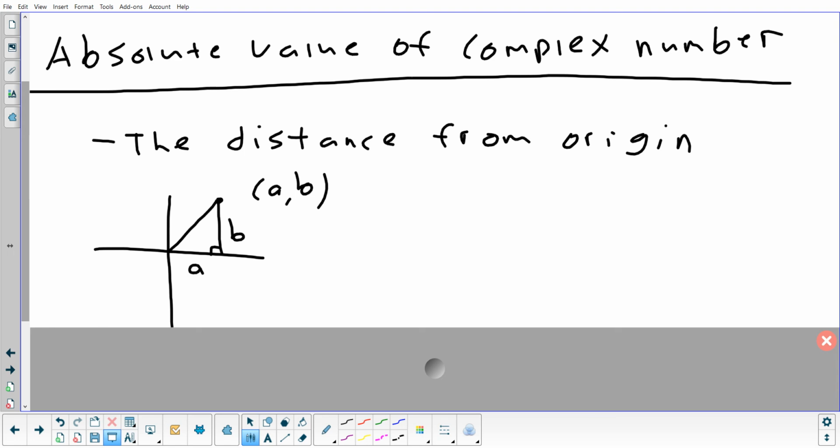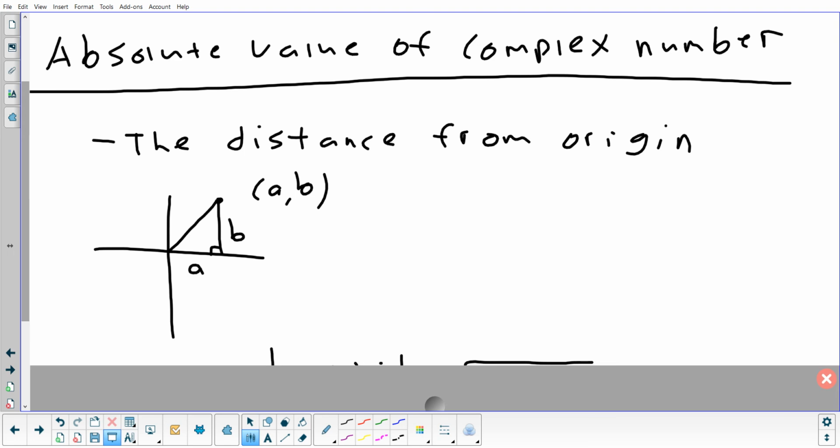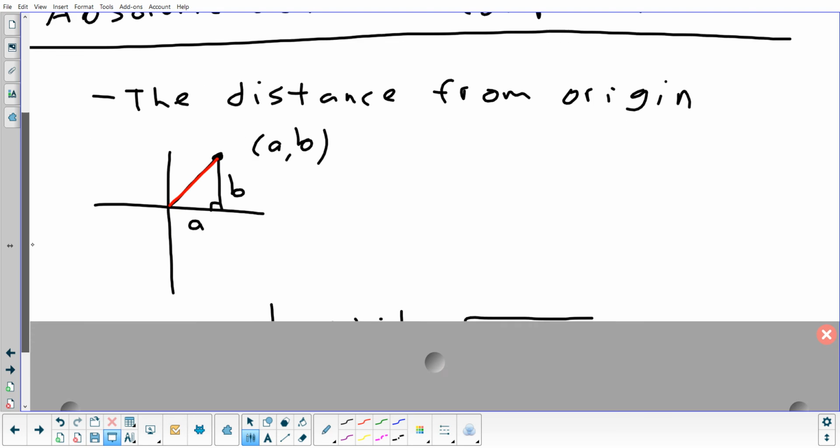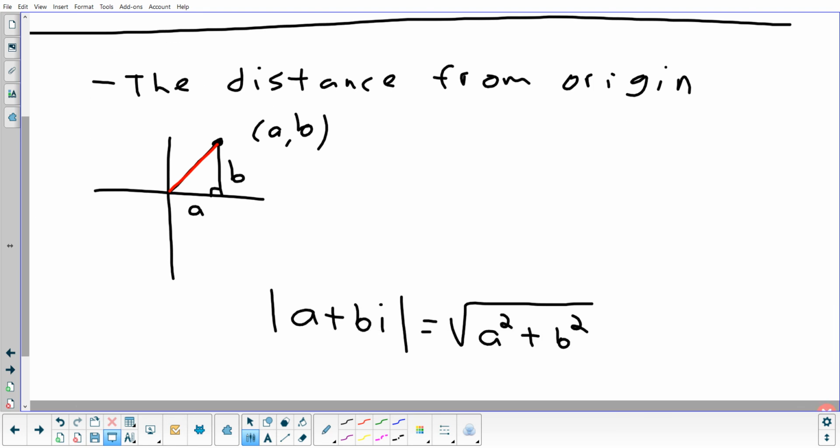All right, so let's say, just as an example, you've got a point in quadrant 1. The real part is A, the imaginary part is B. So here's your point. The absolute value of that number is the distance from, we don't say 0, we say from the origin, because it's 2D. So how would you find it?